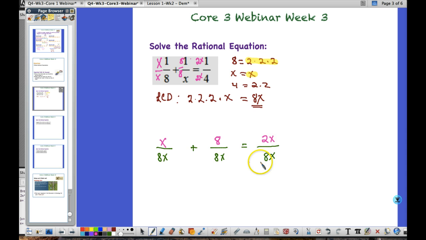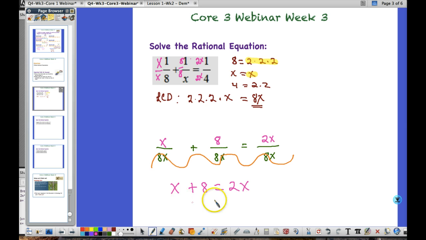Now that we have this, all of our denominators are the same, we can pretty much just ignore everything in the denominator, and we can just take our numerators, x plus 8 equals 2x, and we can solve for x.